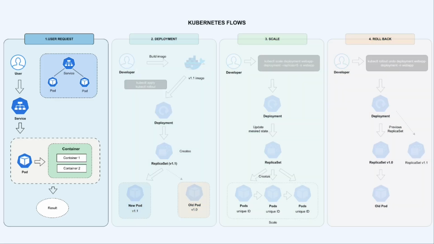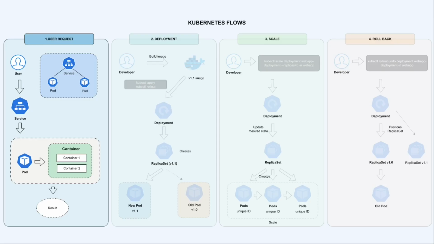User request flow. Let's start with how a user request is processed in Kubernetes. When a user accesses the application, the request does not go directly to a Pod. Instead, it first goes to a Kubernetes Service. The Service provides a stable IP address and acts as an internal load balancer.